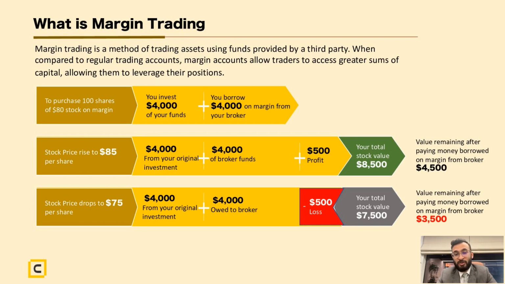That's more than 10%, right? Imagine if you had just put $4,000, you would not be able to take a trade worth $8,000, and you would not be able to make a $500 profit. So the whole idea about placing a trade using margin is, first, to efficiently use your capital. Second, to diversify better.